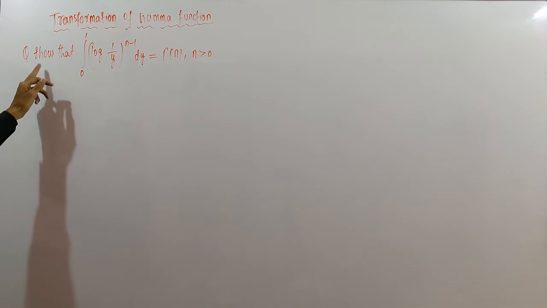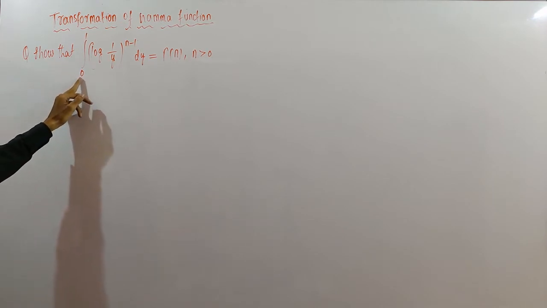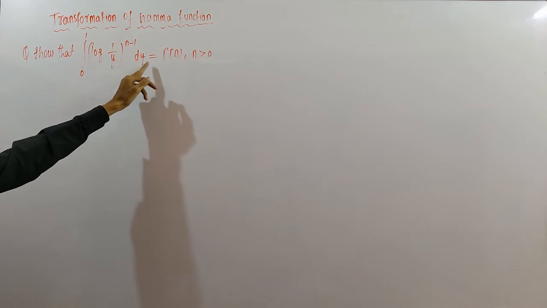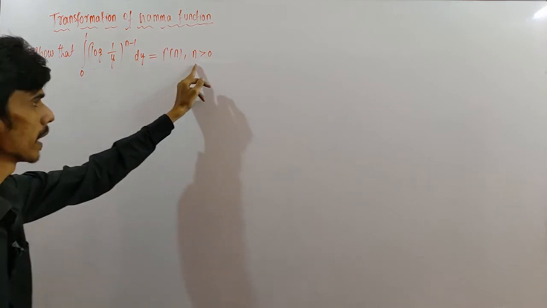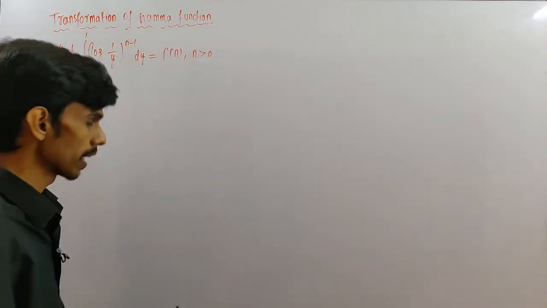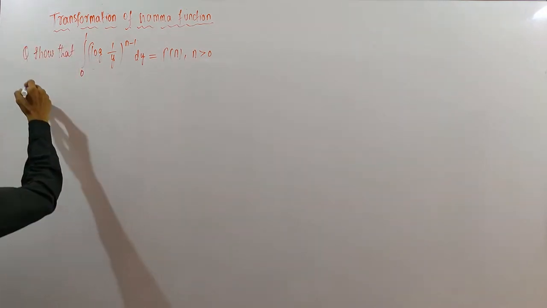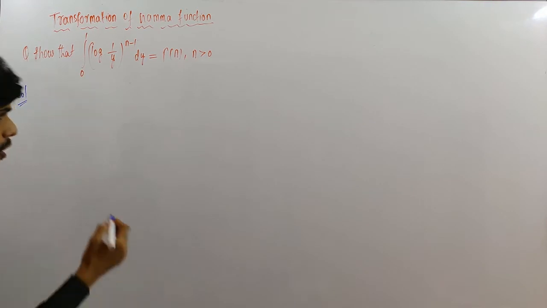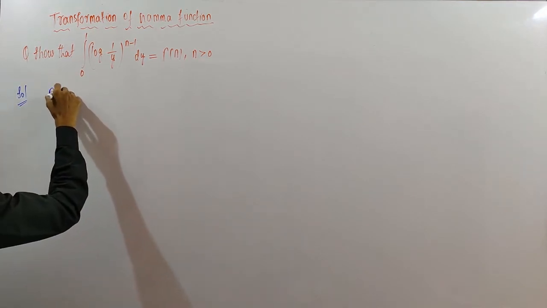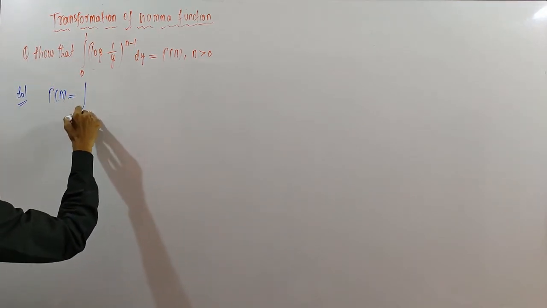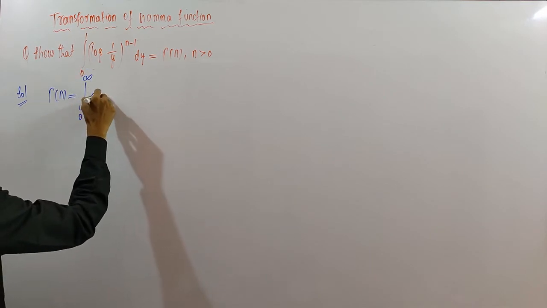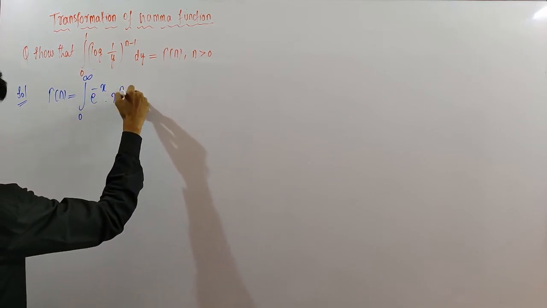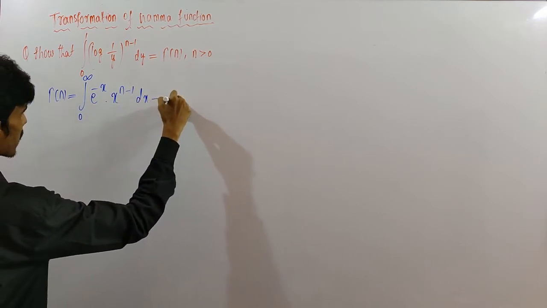We have been given this question, show that integral 0 to 1 log 1 by y power n minus 1 dy is equal to gamma of n where n is greater than 0. Let us see this question. We know that gamma of n is given by integral 0 to infinity e power of minus x into x power of n minus 1 dx.